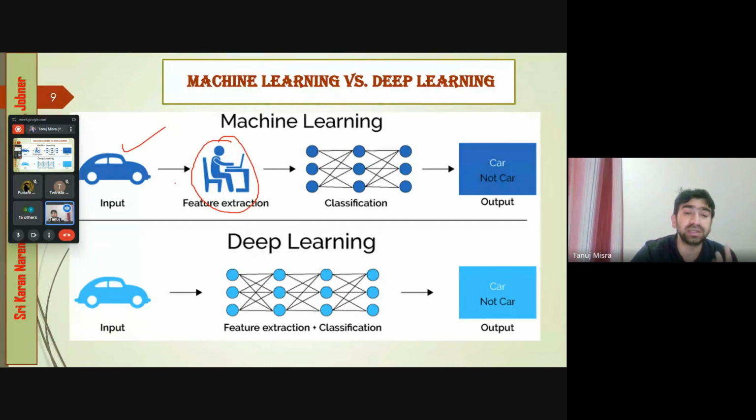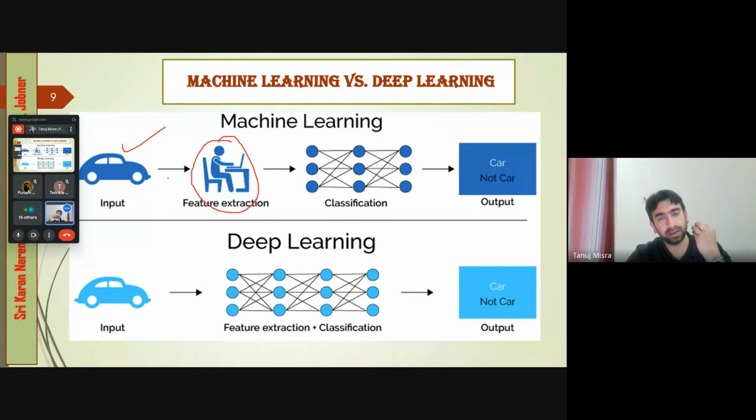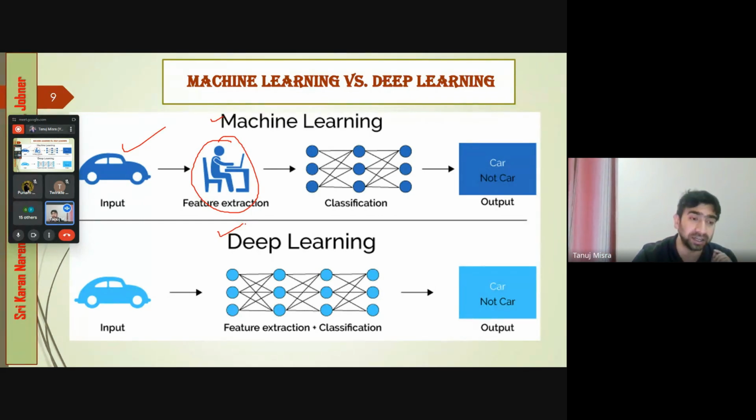But how will the machine tell that this is the car? We know that through Google Lens, if we take a picture of anything and press the search button, similar pictures will come. So these technologies, machine learning and deep learning technologies, are used. But there is a simple difference between machine learning and deep learning techniques.